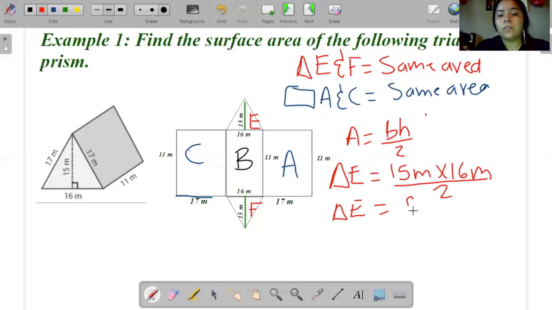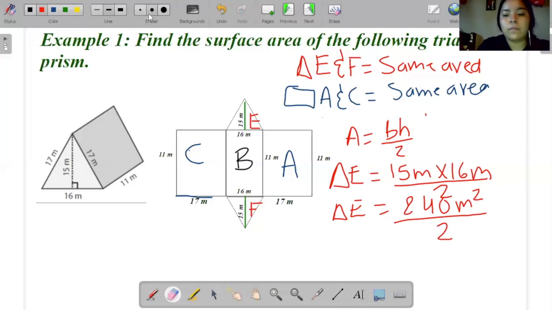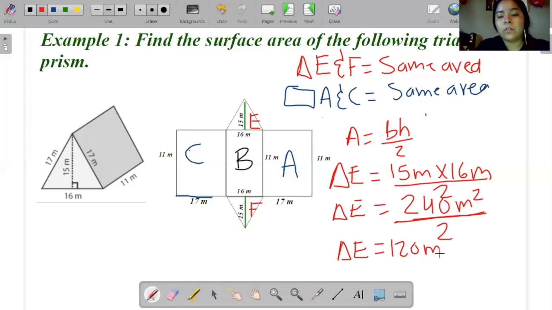So that's 240 meters square over 2. Okay, let me fix my 2 here. So 240 meters square over 2. So then the area of triangle E will be 120 meters square, right?